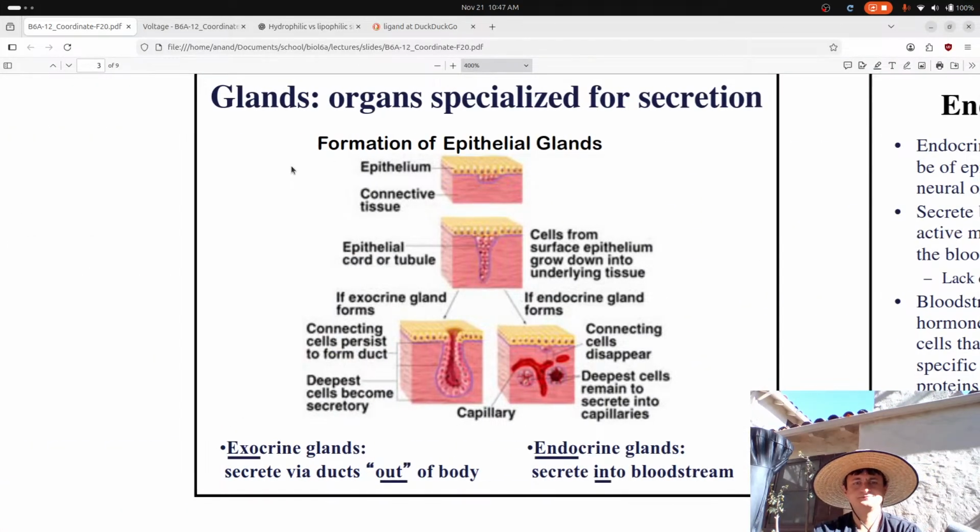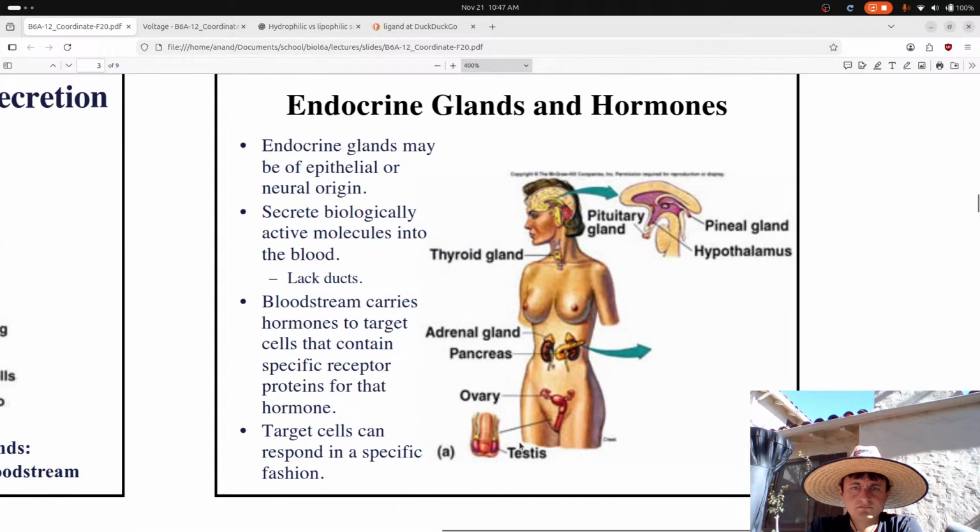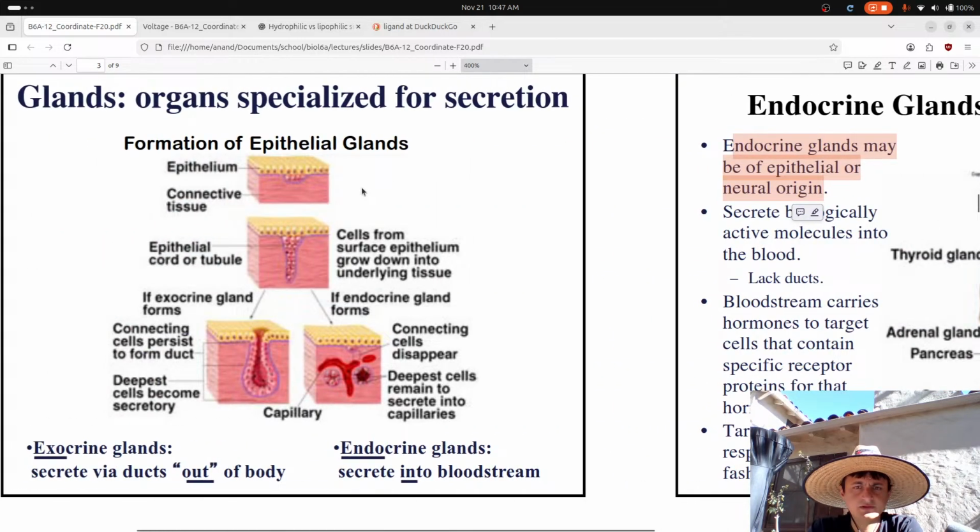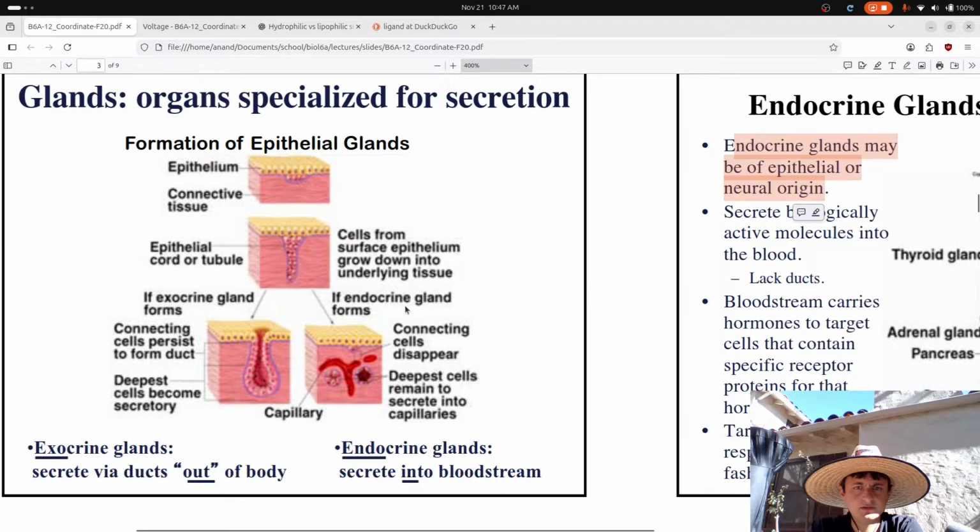I don't know. Endocrine glands. So wait, hold on. Connecting cells disappear.